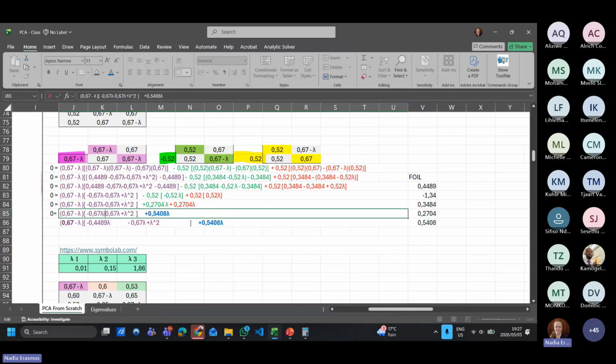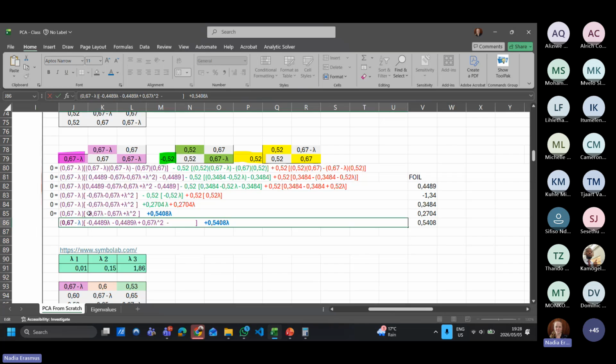We're multiplying it into each and every one. So it is 0.67 lambda, so it's going to be 0.4489 minus 0.4489 lambda. Then we have 0.67 plus lambda squared, so 0.67 lambda squared. Then we're subtracting, so we're now working with the minus lambda.